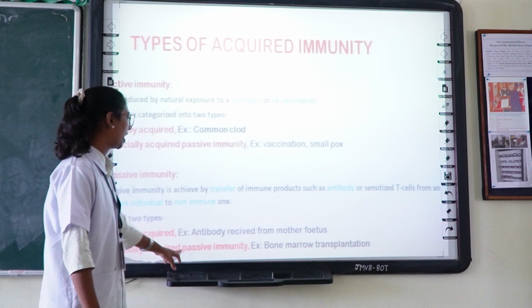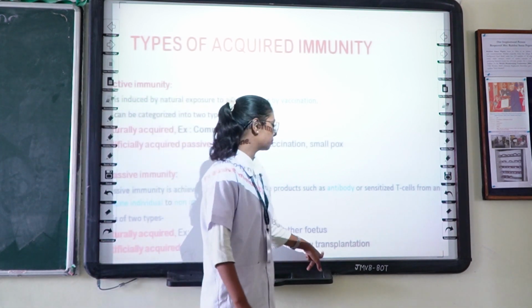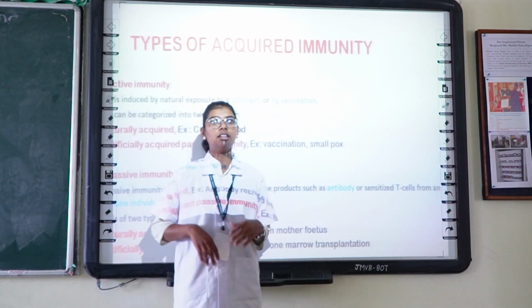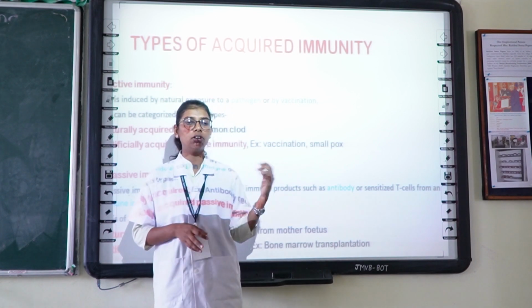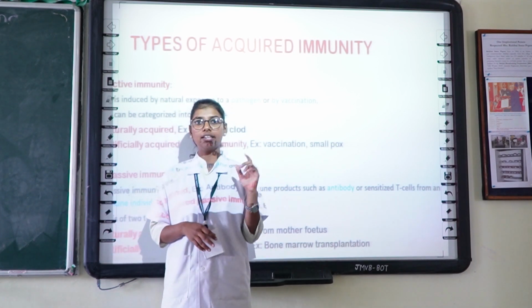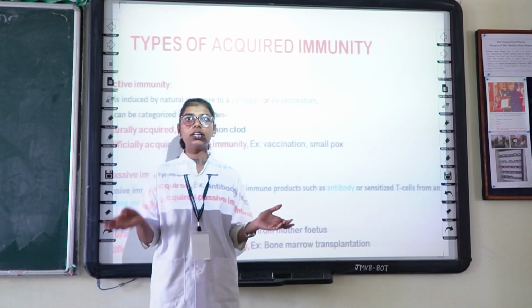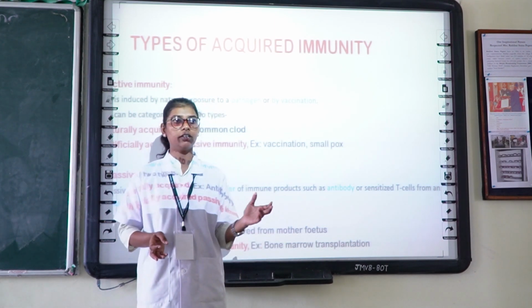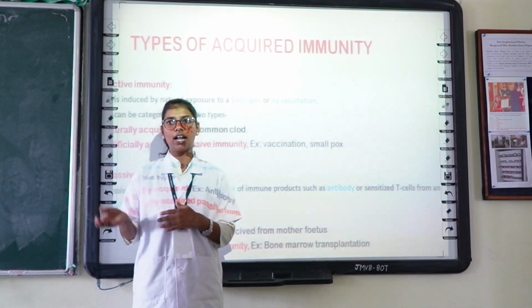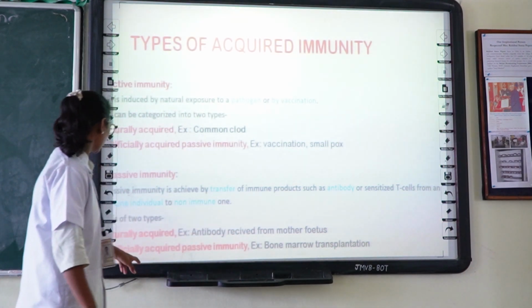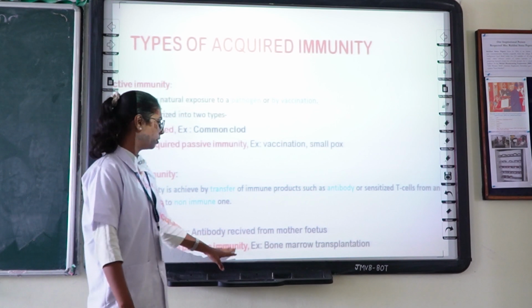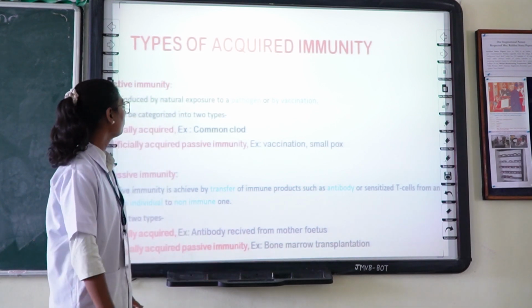In artificially acquired passive immunity, we can see bone marrow transplantation, in which bacteria and pathogens are developed in other animals, and are directly or indirectly injected or transmitted by various means into another organism. Next slide.